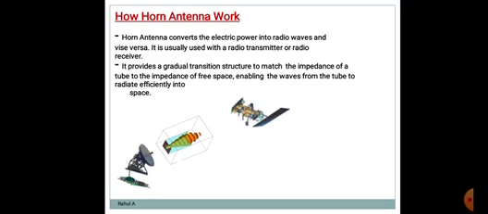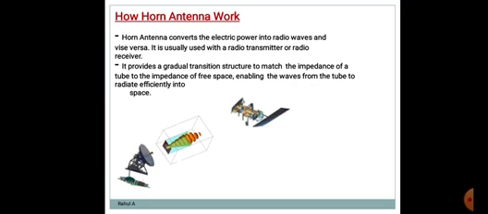It is usually used with a radio transmitter or radio receiver, so we can use this antenna either as a transmitter or as a receiver.